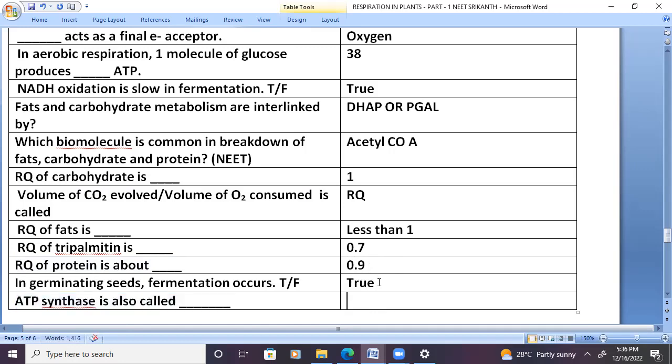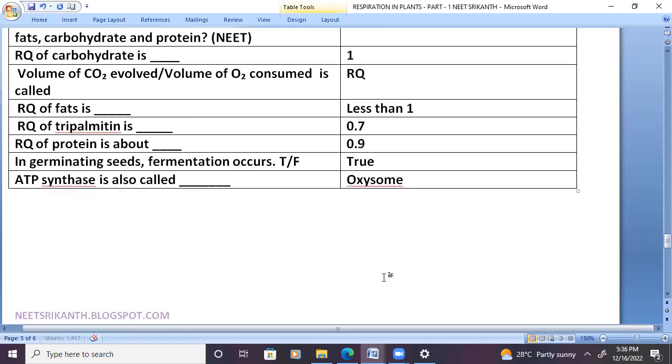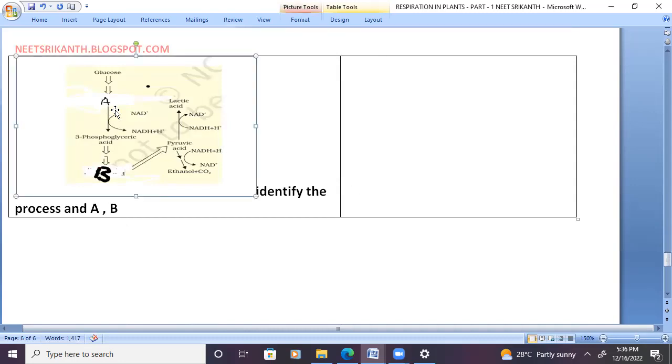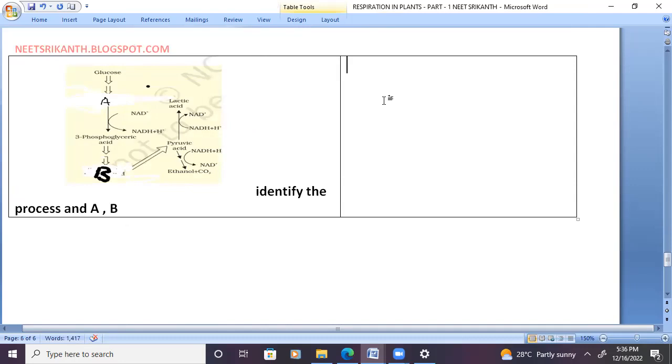ATP synthase is also called oxysome. Identify the diagram and write what is A and B. The process is anaerobic respiration.